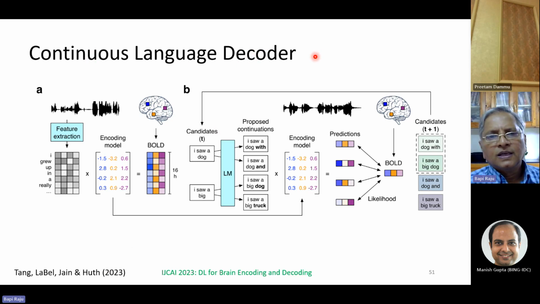What we have seen so far is where you generate either a word embedding, an isolated word related to that concept word, or a sentence. So here is an attempt where you decode linguistic items continuously.